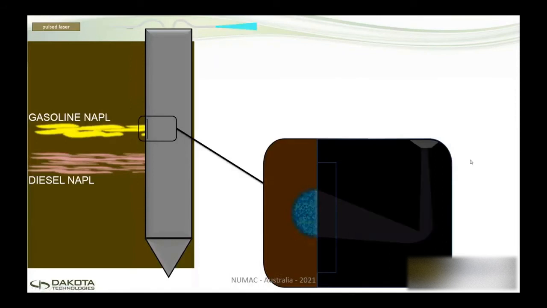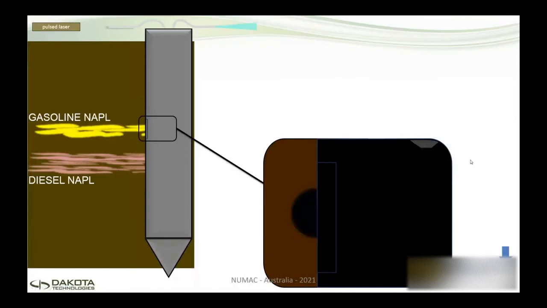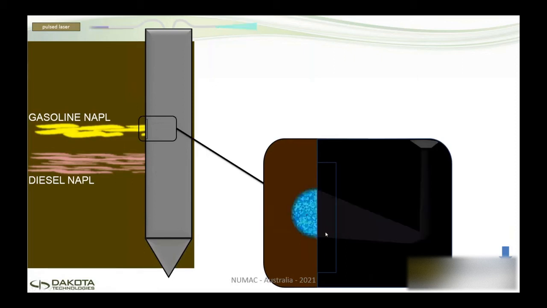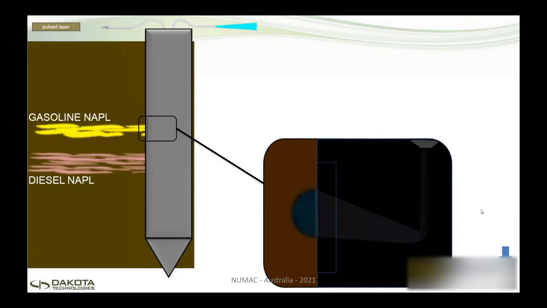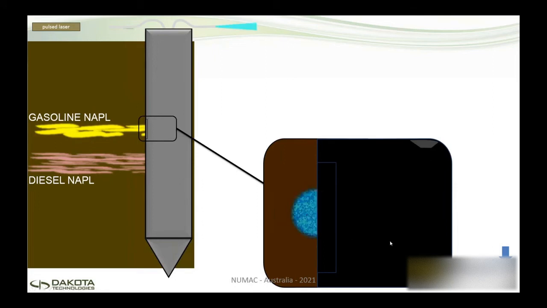Okay, so let's go down inside the probe there. Let's zoom way in on what's happening just outside that window, and we can see laser pulses are being launched. Those laser pulses ultimately just smack the soil right outside the probe. And so you're getting flashes of fluorescence. Outside of that excitation, it's absolutely dark down there.